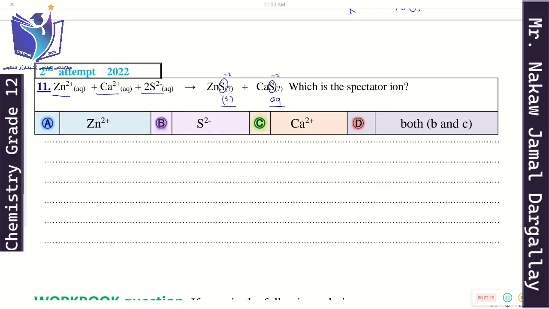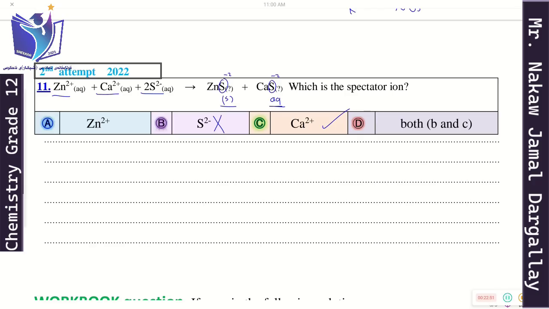S appears from the ZnS. That means that S2- is not a spectator ion. Why is S2- not a spectator ion? Because S2- appears in the net ionic equation. Ca does not appear in ZnS, so only Ca is a spectator ion.